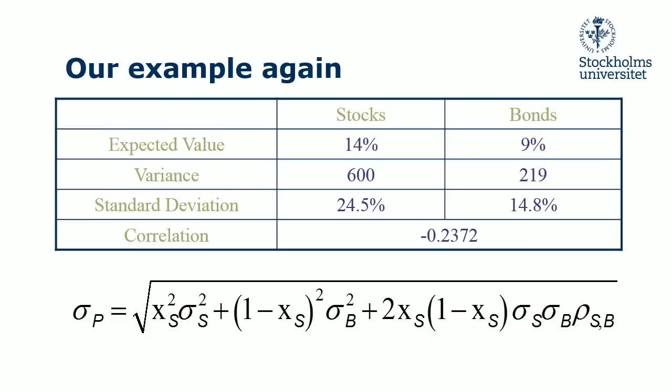Of course, we have assumed a value of the correlation of -0.2372, but we could have assumed any other value of the correlation in this example. This is just an example.